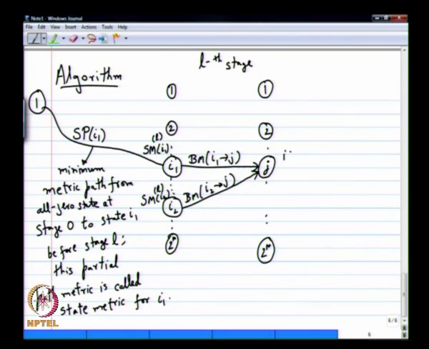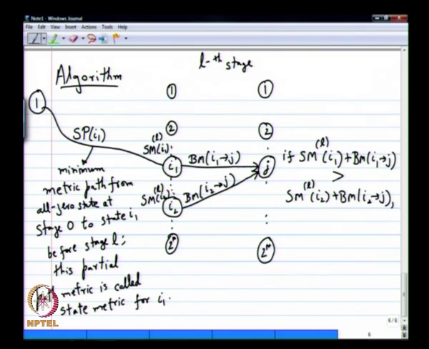So, if SM L of I1 plus BM I1 to J is greater than SM L of I2 plus BM I2 to J, what should I do? You make the survivor path of J the survivor path of I2 and append to it J. So, the last one will be simply J itself.